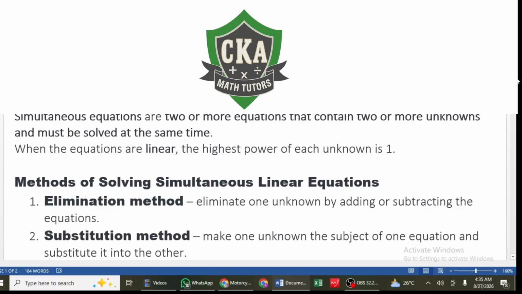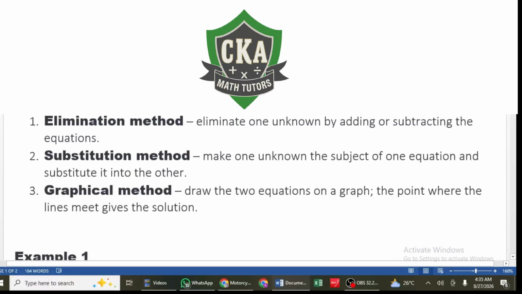And a linear equation is an equation in which the highest power of the unknown is 1. There are three methods of solving simultaneous linear equations, which are the elimination method, the substitution method, and the graphical method. But we are going to limit this class to the elimination method and the substitution method.